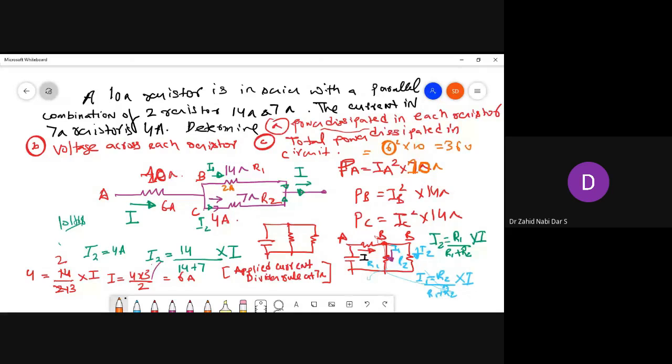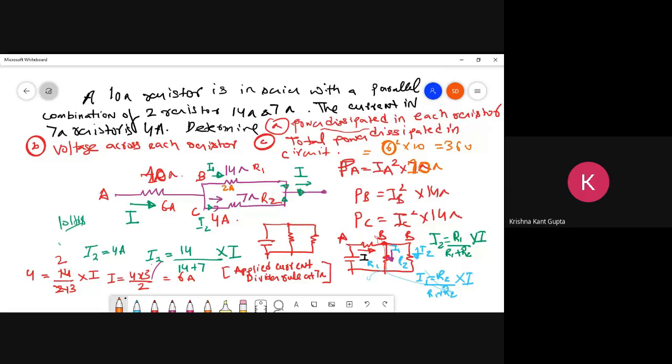Now tell me the voltage across each resistor. Voltage across the 7 ohm is 28, the 14 ohm is also 28, and this one, 60 volts. What would be the net voltage? 88 volts, yes, sir.